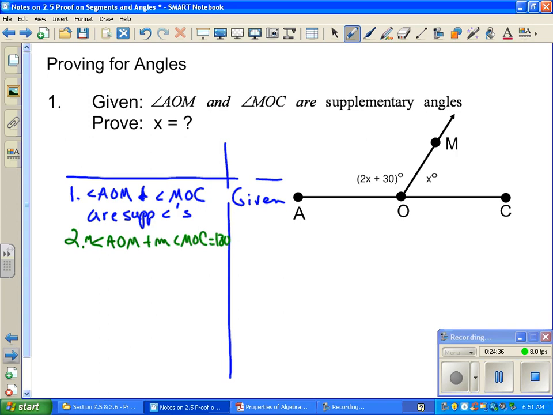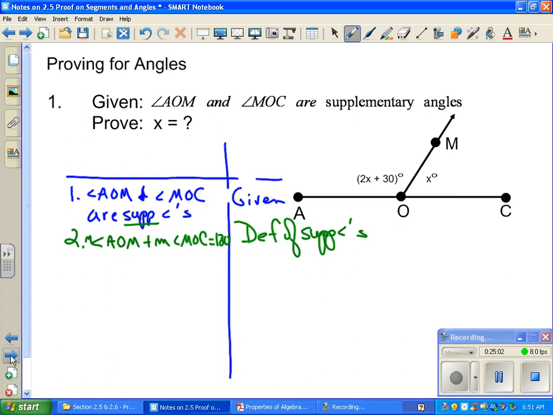You see, the given has the word supplementary in it. And supplementary's definition is it adds up to 180. And that's the rule. Every time you see a word, that's the rule that you need to put over here. So since the definition of supplementary angles states that 2 angles add up to 180, that word up there gives you away the reason for number 2.